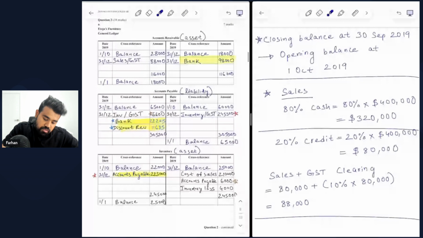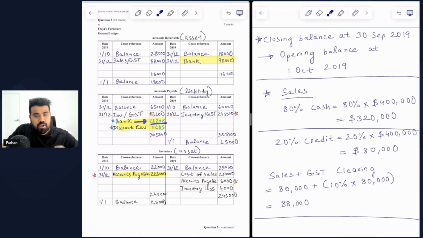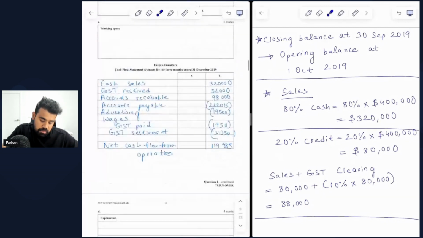So you can see accounts receivable 98,000 that we received, and accounts payable 222,015 that we have paid. Discount revenue is not something that is relevant to cash. It's a non-cash income. But any payment that we have made to accounts payable through our bank, we refer to as a cash outflow, and that is 222,015, which is what we have included here.